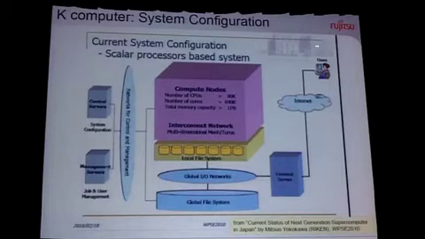And here is the system configuration of the K computer. Here are the computing nodes, about 80,000 nodes, connected by a torus mesh network. And here is the local file system storage.